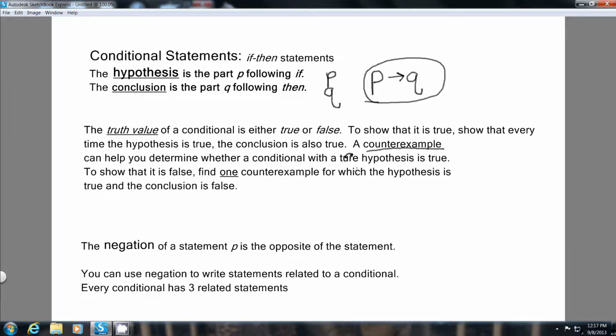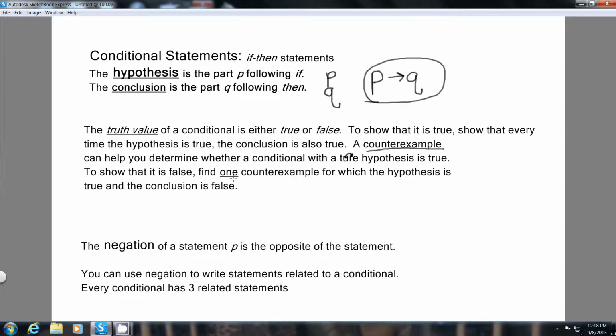So let's go back to that example of, if the measure of angle A equals 15, then angle A is acute. Well, can we find a counterexample to show that this is not true? Because to show that it is false, we find one counterexample for which the hypothesis is true and the conclusion is false.